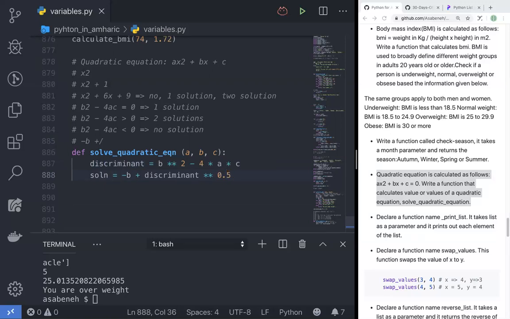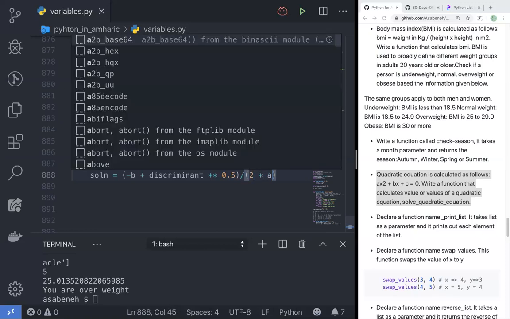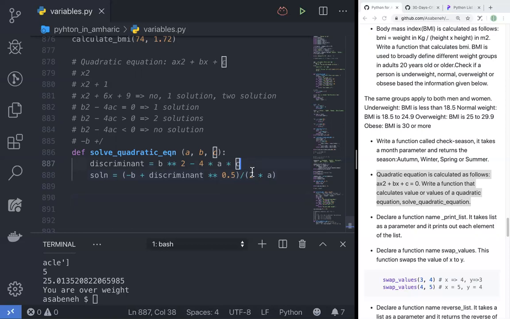Anything to the power of 1 over 2 means square root. And then divided by 2 times a. To be safe, you can also use brackets here. And then this is one of the solutions.